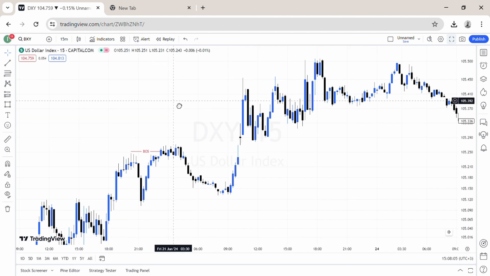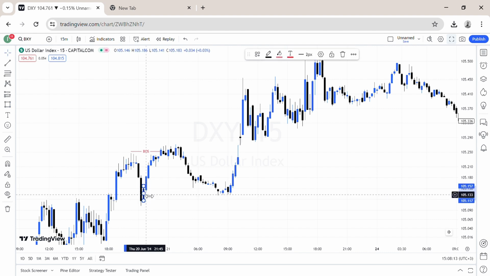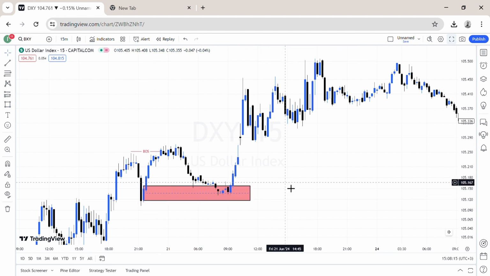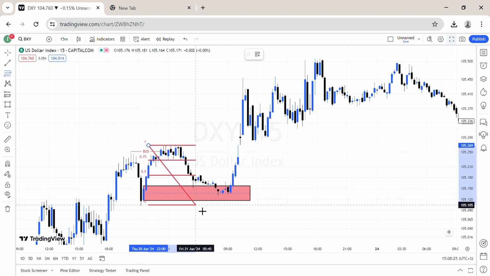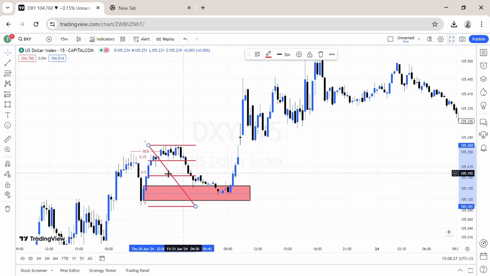Okay, when this structure was broken, the price came back to an order block at the discount zone. It didn't really go back to this fair value gap because it was a premium, if we can really confirm that. So that was a fair value gap at the premium.